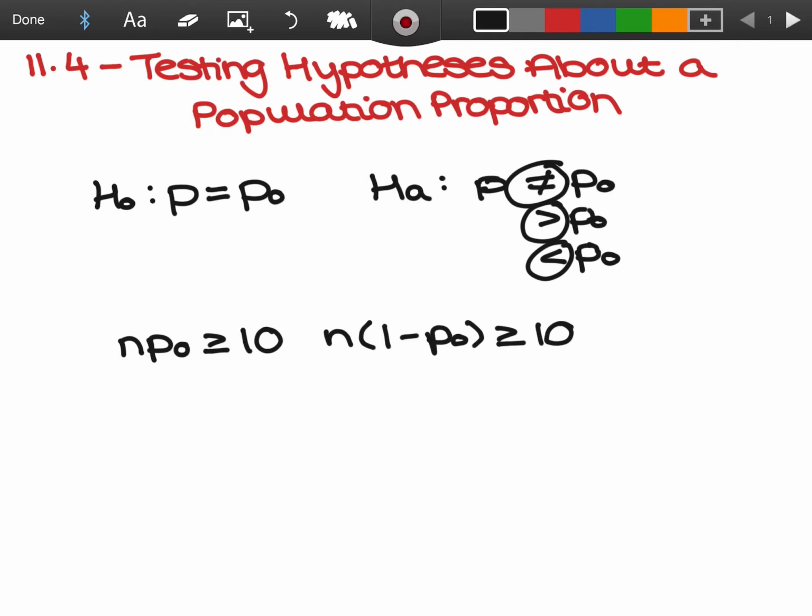Multiply that by the sample size, and that also has to be greater than or equal to 10. What this basically ensures is that your sample size is large enough.